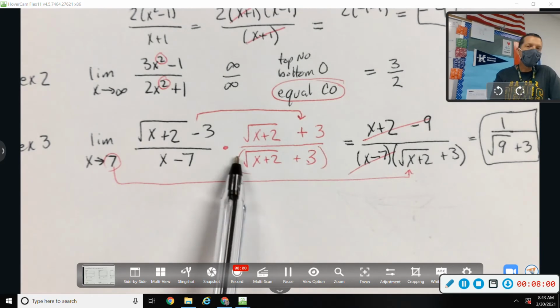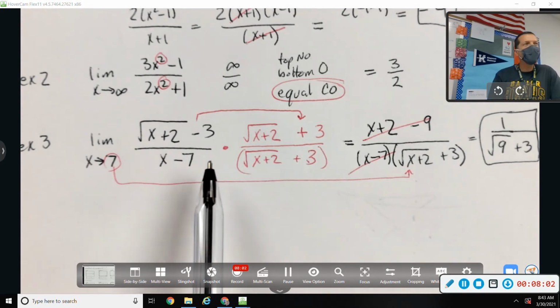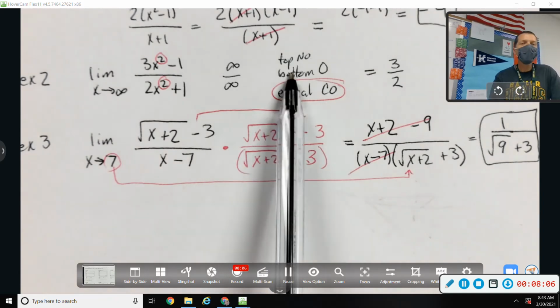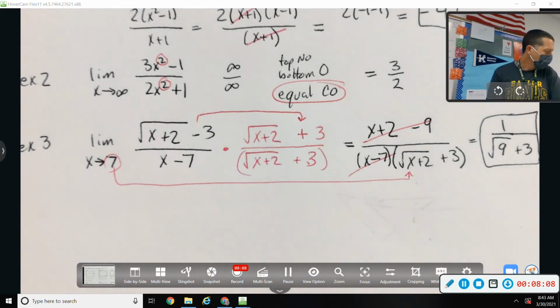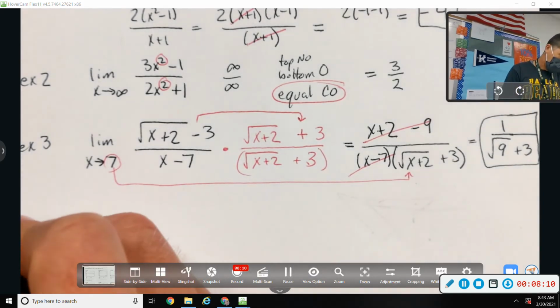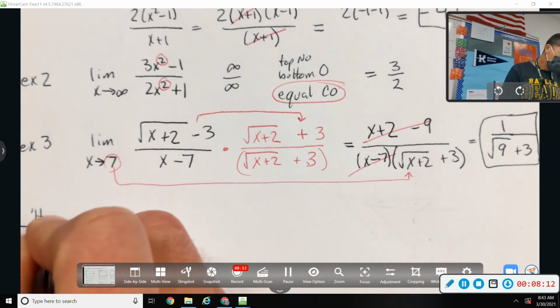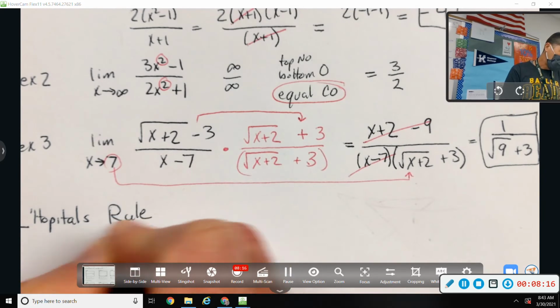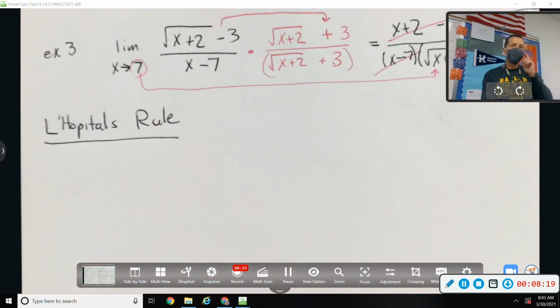So that was a brief review of algebra stuff from long ago on dealing with indeterminate forms, 0 over 0 or infinity over infinity. All right, Mr. L'Hopital came up with another way to handle the indeterminate forms.